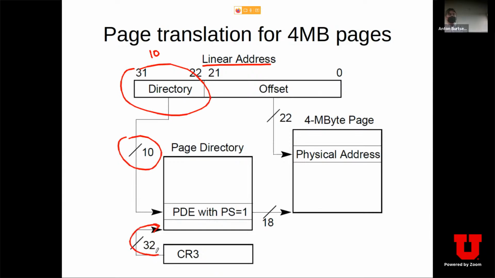CR3, control register 3, points to the root of the page table. You choose an entry here. This gives you exactly 10 bits of the address, meaning that everything is aligned at a 4 megabyte boundary. That's why it's 4 megabytes. And you have the physical address, or physical page number, of a physical page, right? And these 22 bits are the offset, which chooses one of those 4 million bytes within the 4 megabyte page, right?